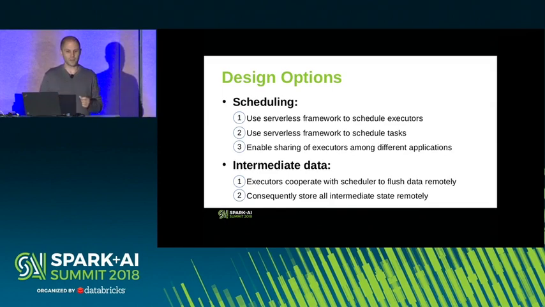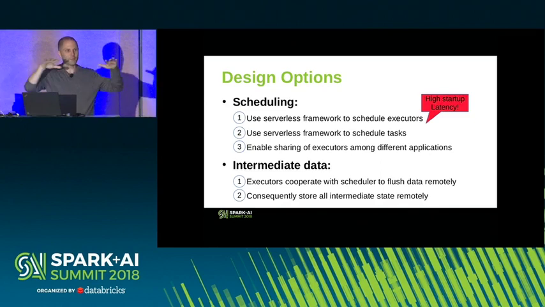For the scheduling, for instance, one option would be to build a Spark serverless framework as a wrapper on top of an existing cloud-based serverless framework, like AWS Lambda, and then use that framework to launch Spark executors. But that's not what we want, because then each job will have to wait until these executors are booted, and what you expect from a serverless framework is that you can run your jobs instantly without having to wait for infrastructure to boot. So we dismissed that option.